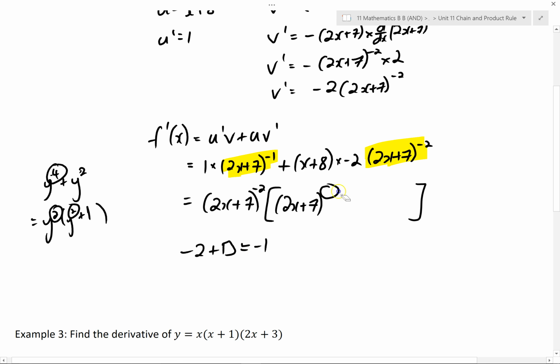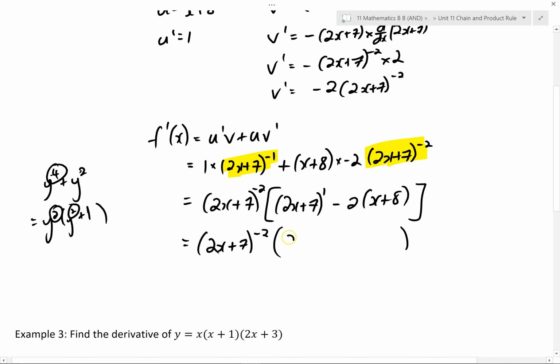So this power here is going to be 1. And you'll find when you multiply these two, you'll end up with negative 1. Then we can clean up this side, which ends up as minus 2x plus 8. So 2x plus 7, still to the power minus 2.